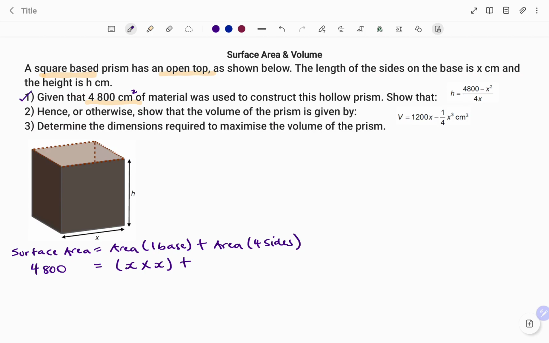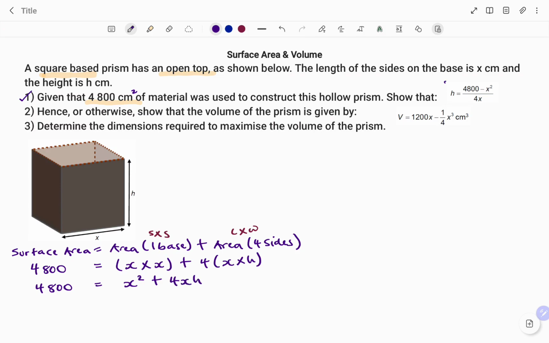The formula for finding the area of a rectangle is length times width. The length in this case is x centimeters and the width is h. And because it's 4 sides, I have 4 times x times h. If we simplify, we have 4,800 equals x squared plus 4 times x times h, that's 4xh.